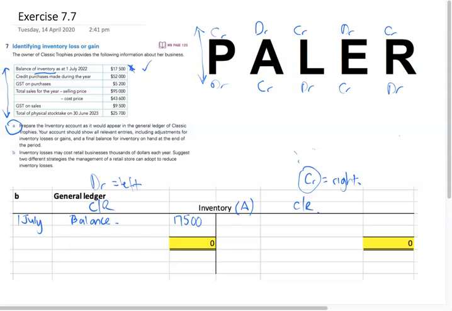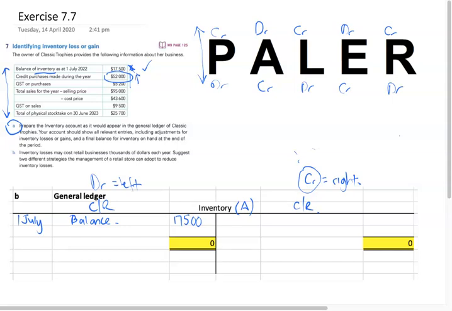Over the course of the year, Classic Trophies has done credit purchases of $52,000 plus GST on these purchases of $5,200. So we need to think about which of those have impacted inventory. Does GST impact inventory? No. So all we are interested in here is the 52,000. Has this increased or decreased inventory?